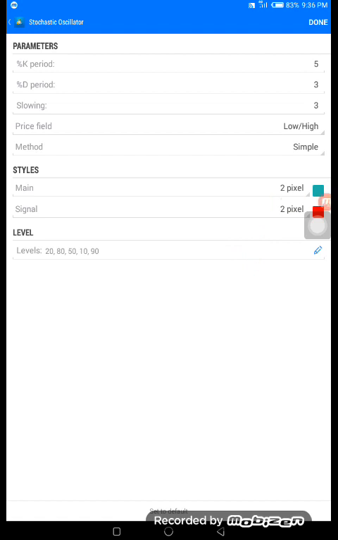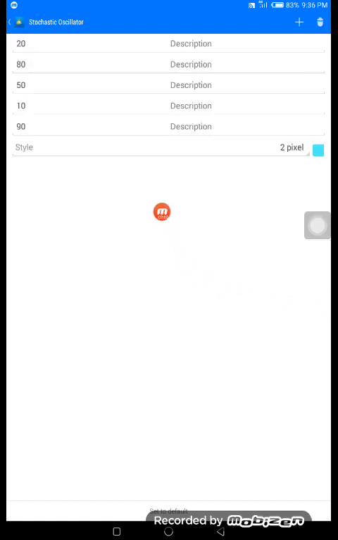And then where you're going to do some modification is in the levels. You click on the levels and now change your levels this way. Set your levels this way, and then 2 pixels and the color of your choice.